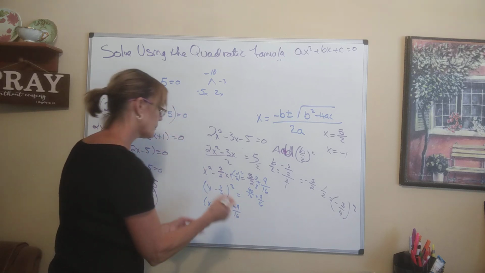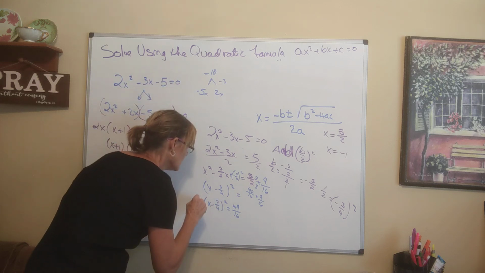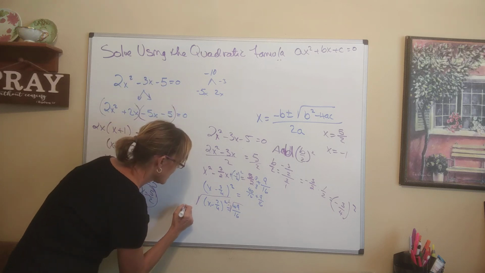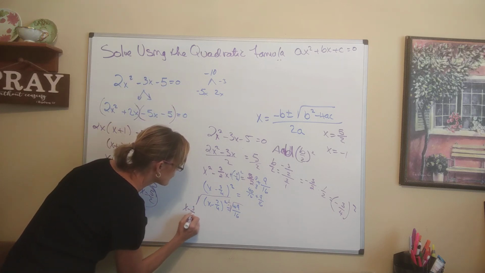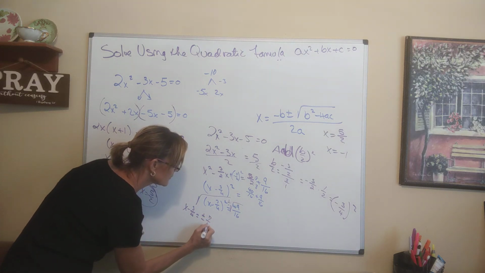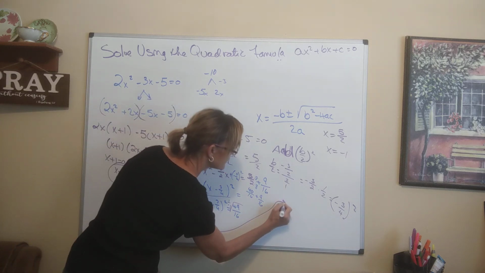Take the square root of both sides, okay? The square root of the left is equal to plus or minus the square root of the right. So we'll get x minus 3/4 is equal to plus or minus the square root of 49 is 7, the square root of 16 is 4. All right, I'm running out of room here.